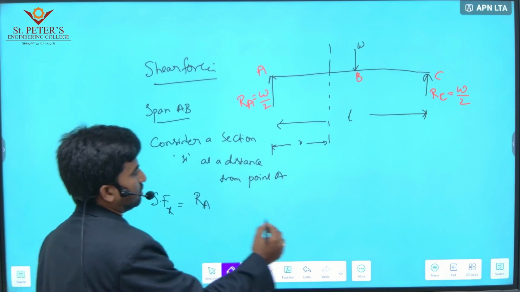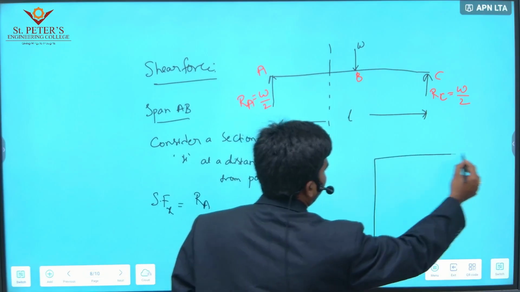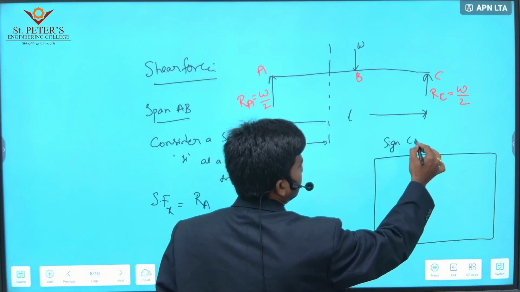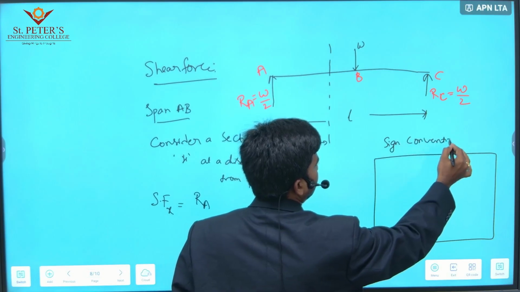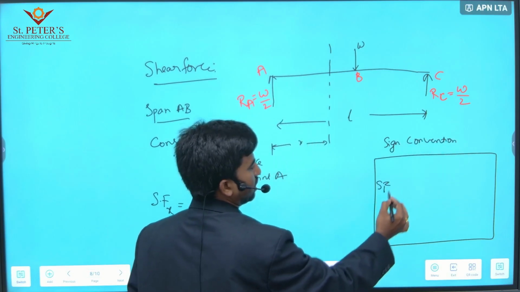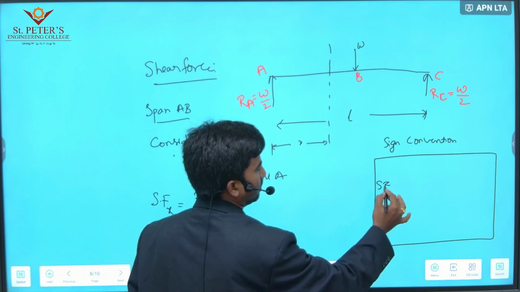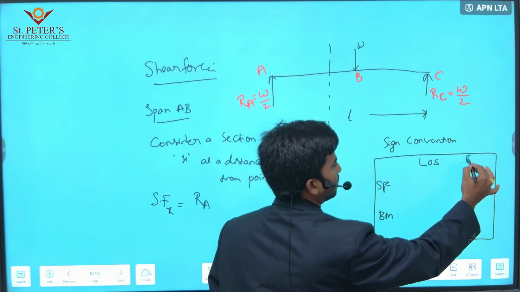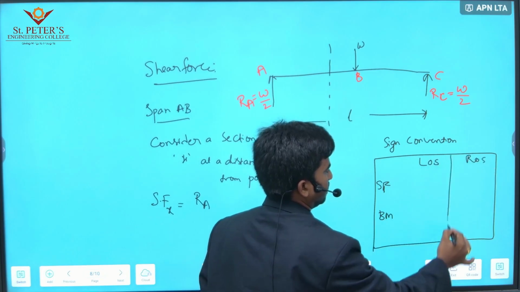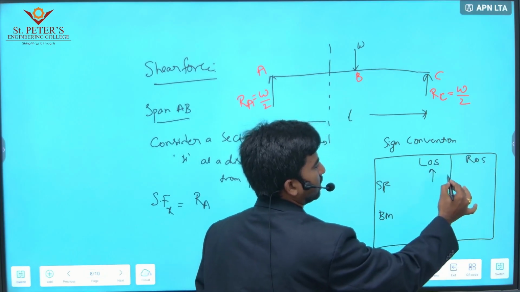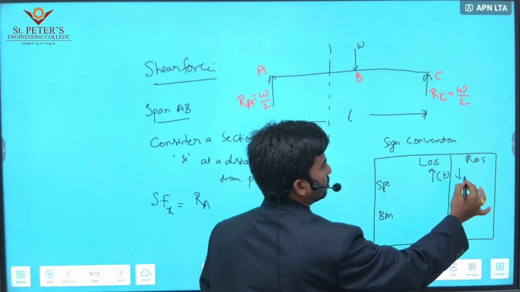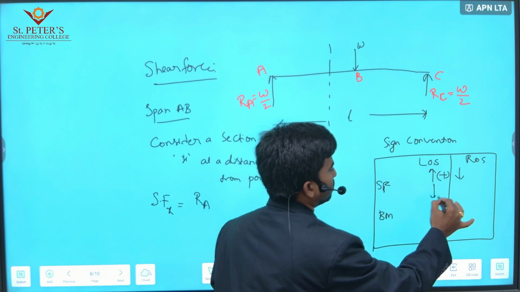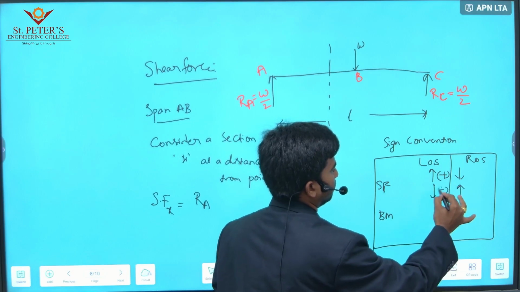Then you should know about the sign conventions for shear force and bending moment. Here left of section LOS and right of section ROS. Here upward force is positive and downward force is negative, and for the right of section, downward force is positive and upward force is negative.